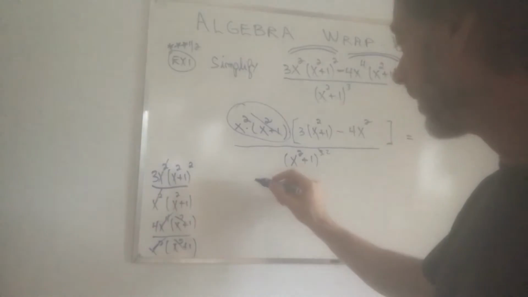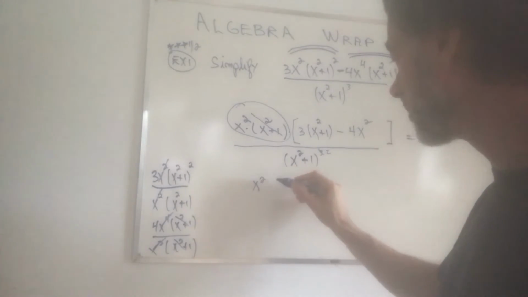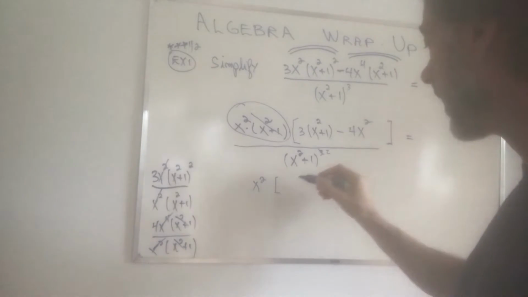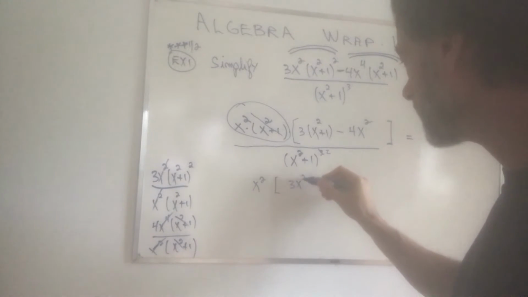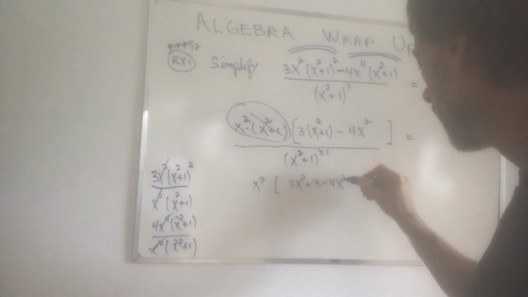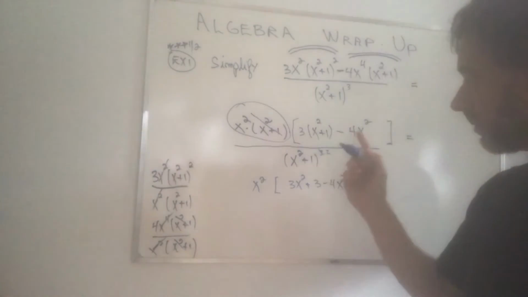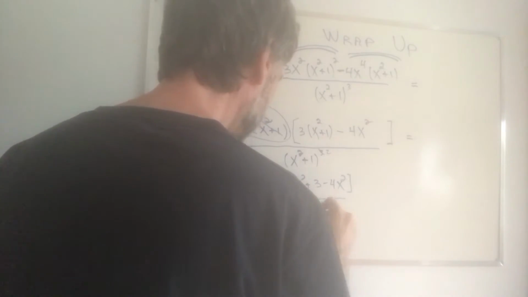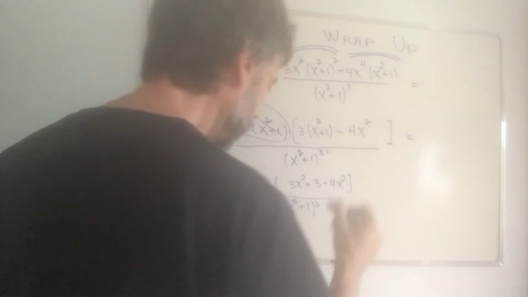Good. So here we are. This should be equal to x squared, and what do I have here? Then I can open my brackets and see if I can cancel anything at all. So that will be 3x squared plus 3 minus 4x squared, divided by (x squared plus 1) squared.